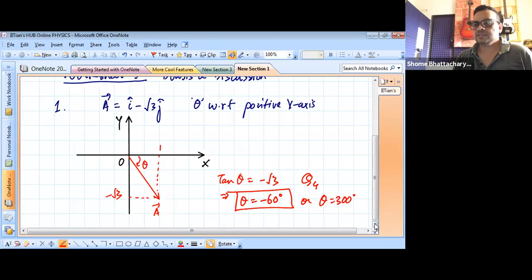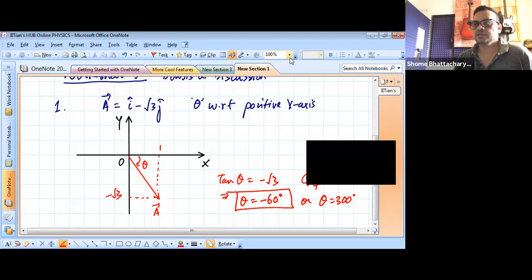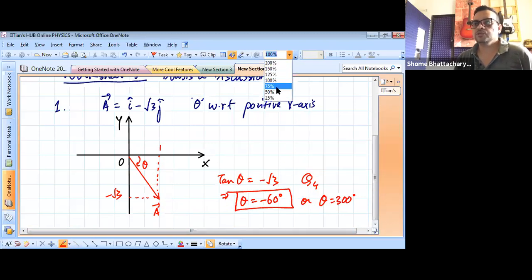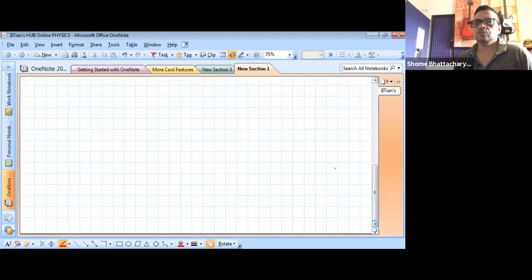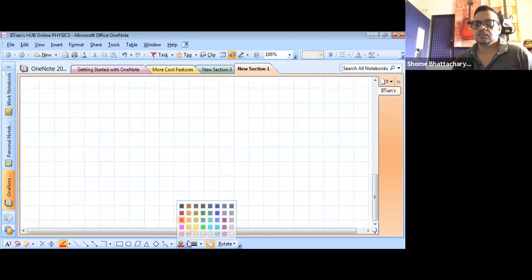In case anybody has a doubt in it, you can just quickly understand this. Moving on to the second question. The second question is a more current type of question. It is based on the application of dot product. So how do we find the angle between two vectors given to us in component form? Okay, let's understand that.